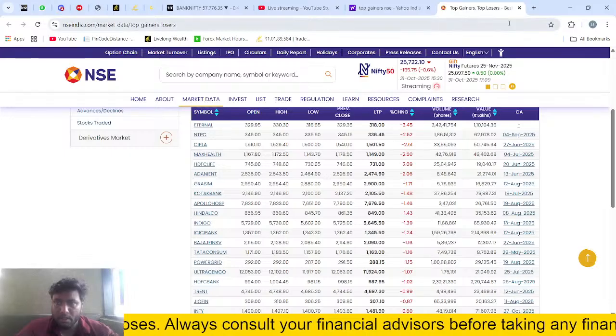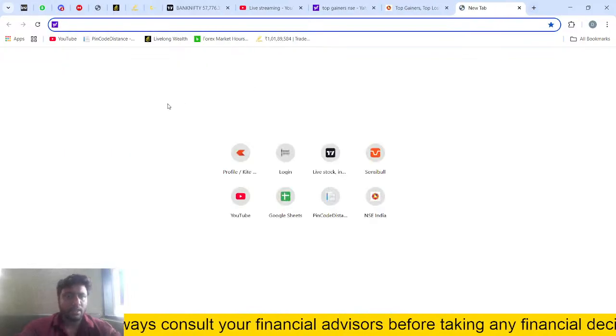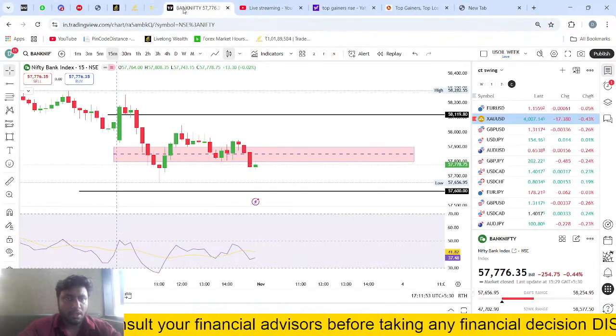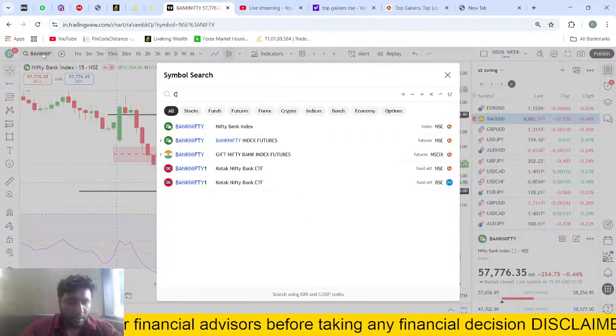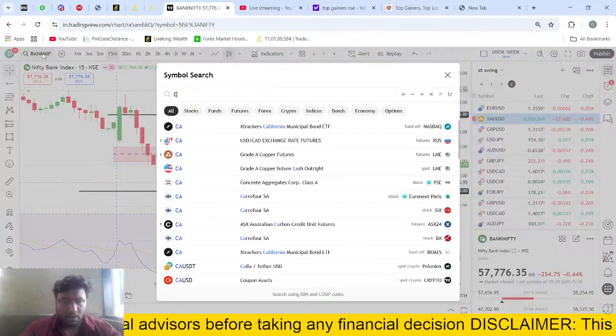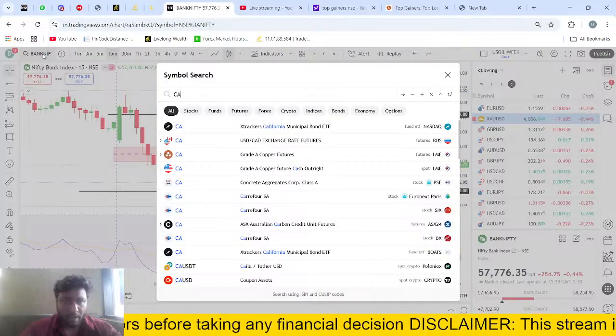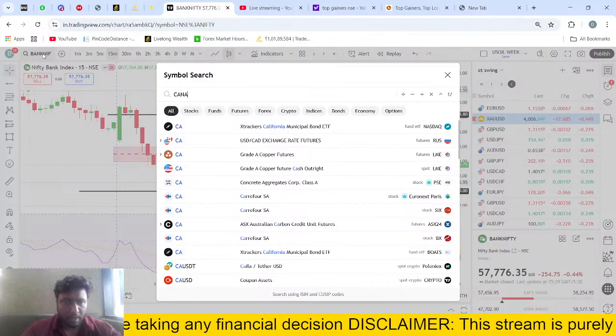So we will have a quick look at Canara Bank. Canara Bank recently gave a move yesterday of nearly 5% and above.